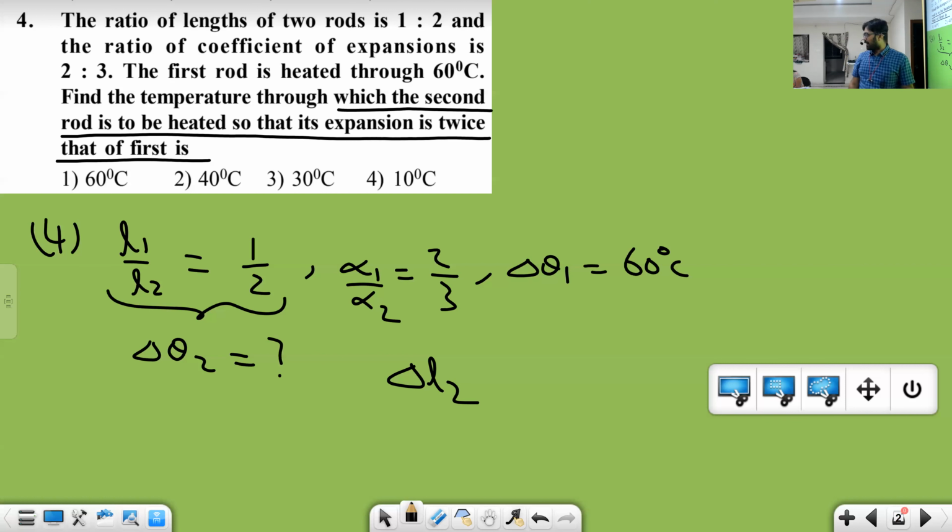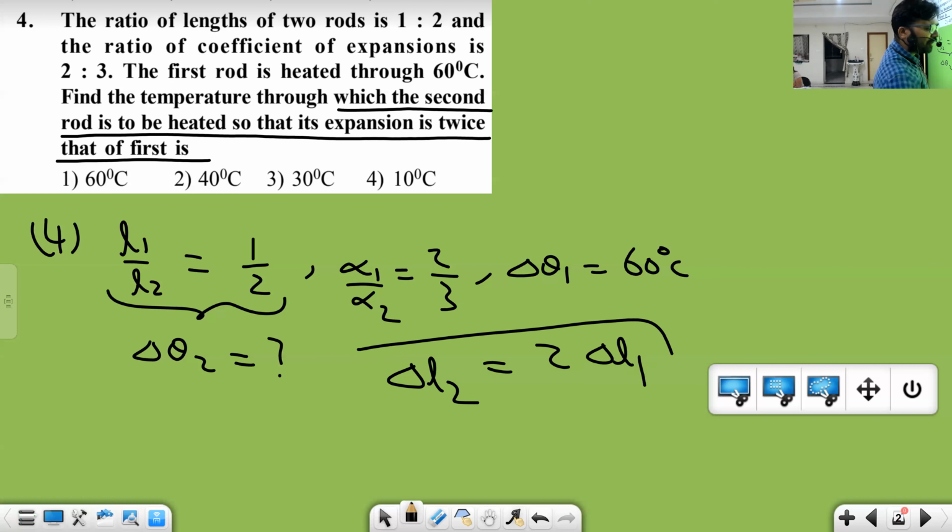Only expansion they wrote, it is delta L. Linear expansion or coefficient of linear expansion, coefficient alpha. Only linear expansion or only expansion, simply delta L2. So delta L2 is twice the first rod expansion, delta L1. This is the information given in the question, and now we have to solve this one.